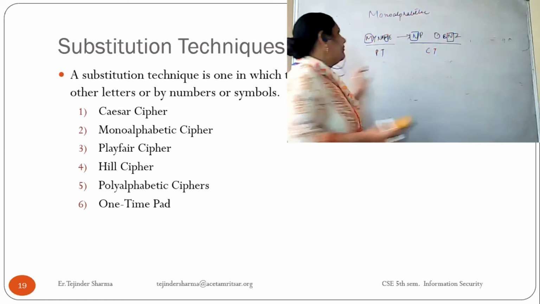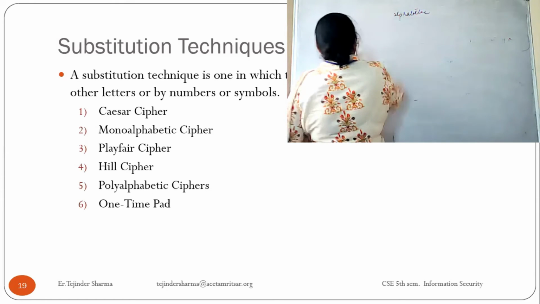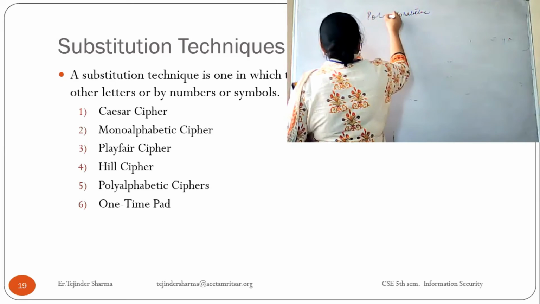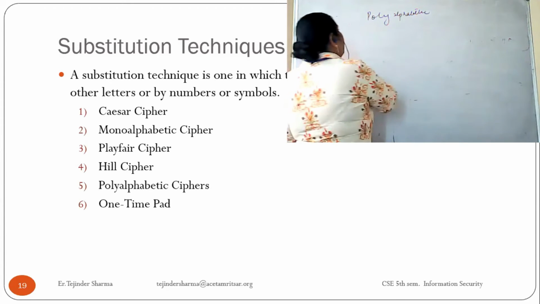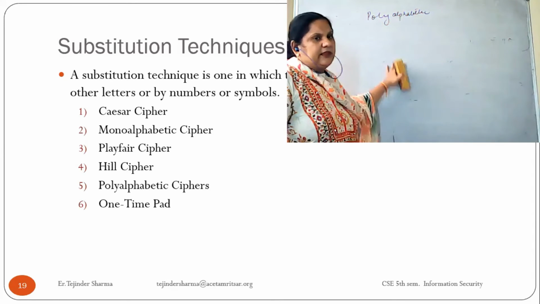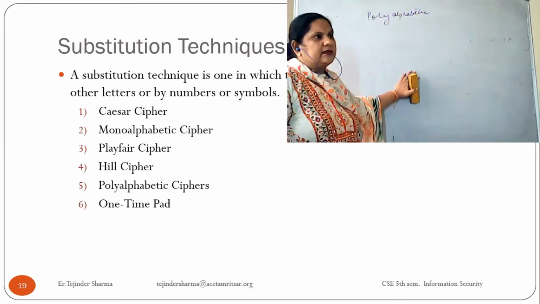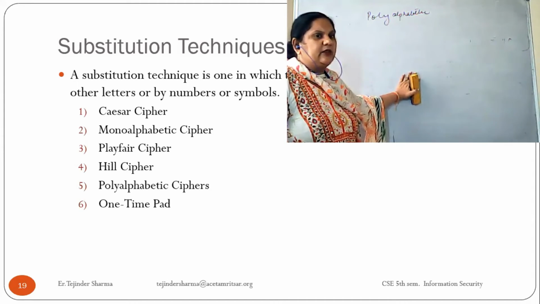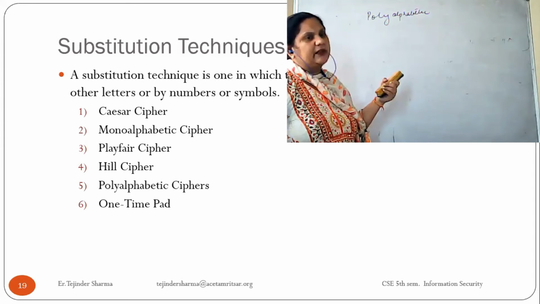Then we have polyalphabetic. See, monoalphabetic ciphers are very simple and easy to guess, because if you have guessed one alphabet as right, then in the entire text, wherever that occurrence is there, you may substitute the text and you'll be able to retrieve the original text.